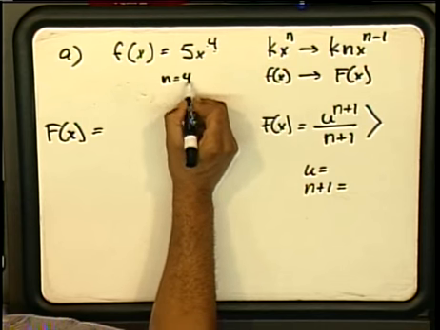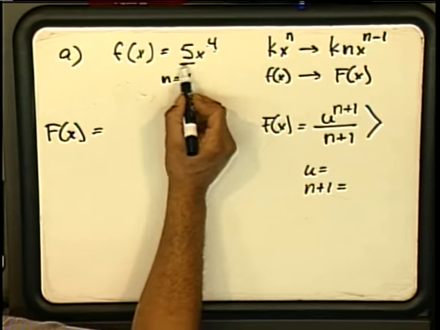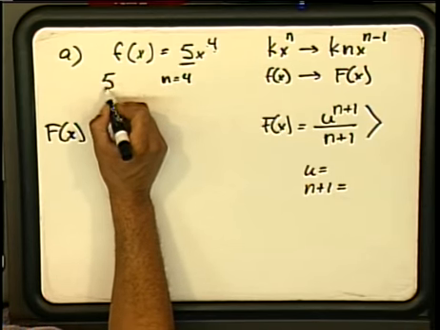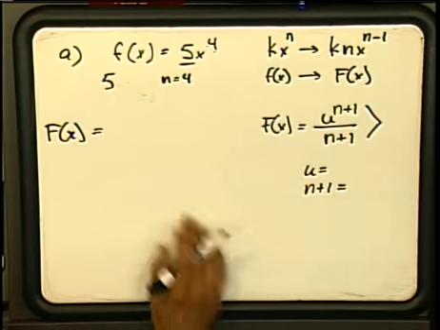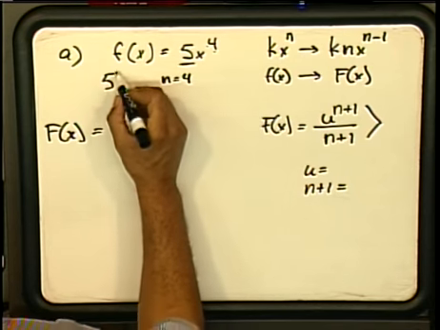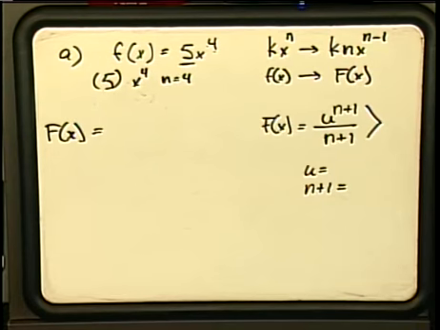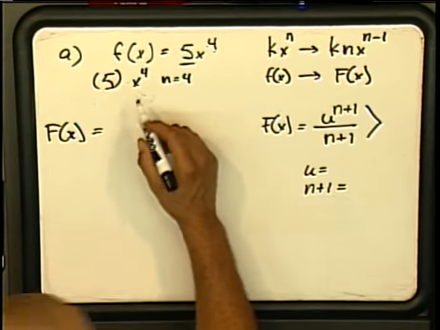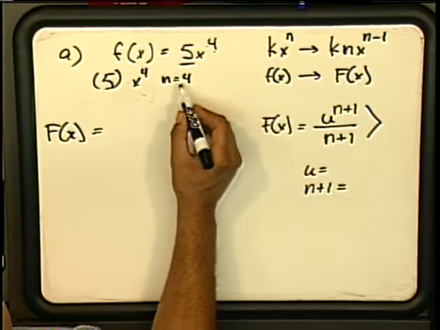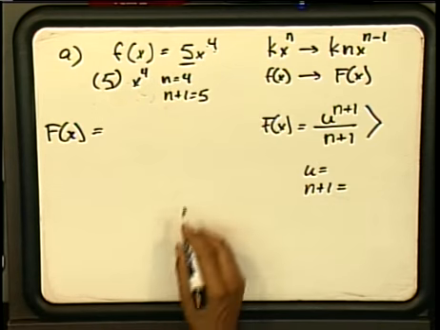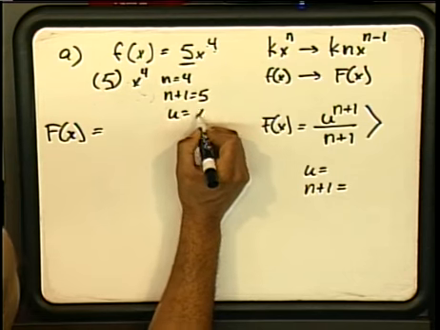So n equals 4. 5 is the constant k, so we're going to bring that out to the side. n equals 4, n plus 1 equals 5, u equals x.